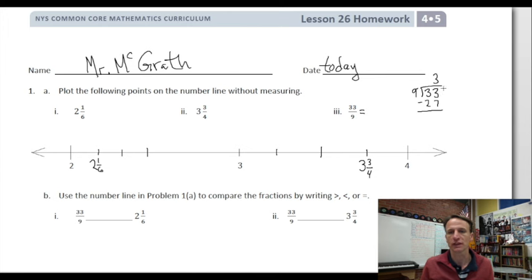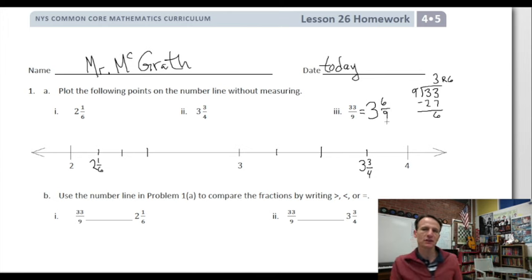Okay, so 6. So that remainder of 6, that's the numerator, and we're dividing by 9. So here's how that looks. Okay, so subtract, get 6. I should write that. All right, so there are 3 9s in 33 with a remainder of 6. And what are we talking about here? We're talking about 9ths.